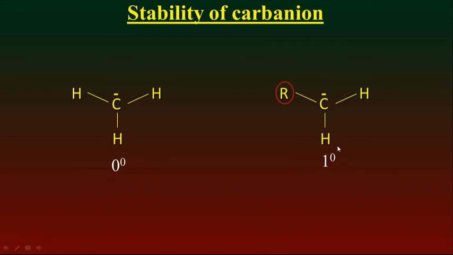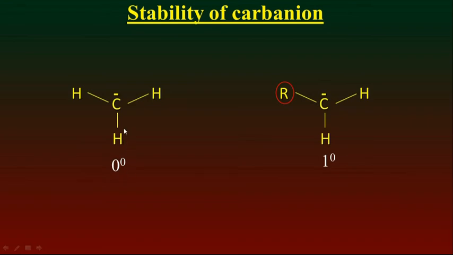But in case of 1 degree carbanion, 1 alkyl group is present, and we know that all alkyl groups act as electron releasing or electron donating groups. So in this case, the alkyl group donates electrons to the negative carbon atom, so the electron density increases more and more. The octet filled carbanion contains more electron density as compared to 0 degree or methyl carbanion.